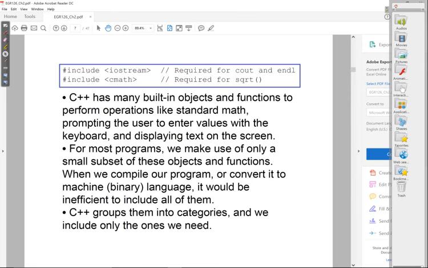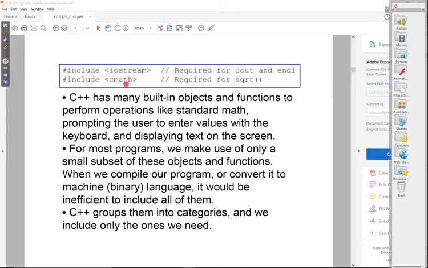So iostream and cmath are 2 groups of commands built into C++, and they stand for very different things. If you look at the comment that follows, it says iostream is required for cout and endl. That's end line, not end one: endl. Those are 2 commands associated with iostream, and I'll explain that later on.